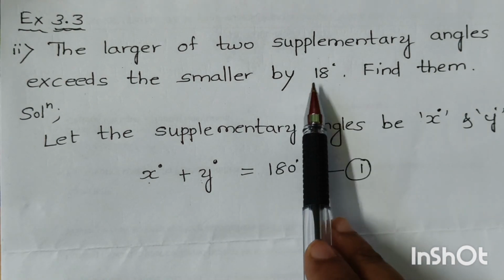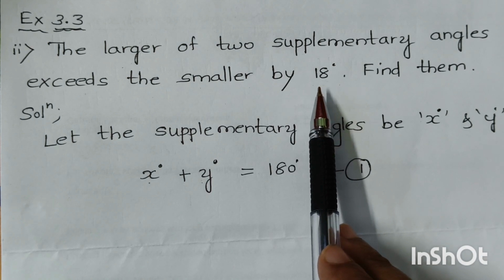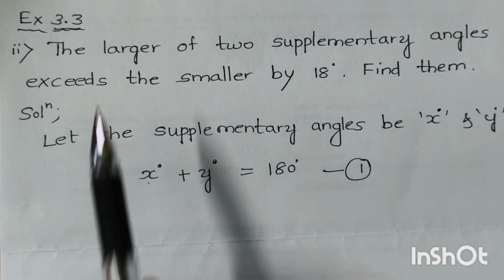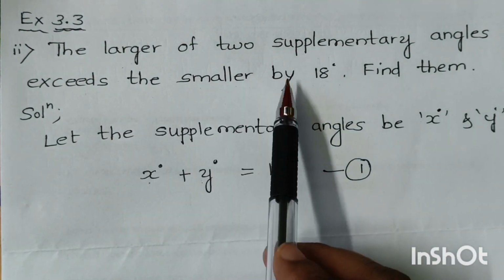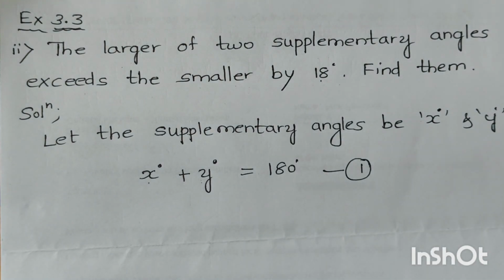They are saying 18 degree it is more than the other. That is the meaning of this sentence. Let me read the sentence once again. The larger of two supplementary angles exceeds the smaller by 18 degree. The meaning of this is the larger angle is 18 degree more than the smaller angle.